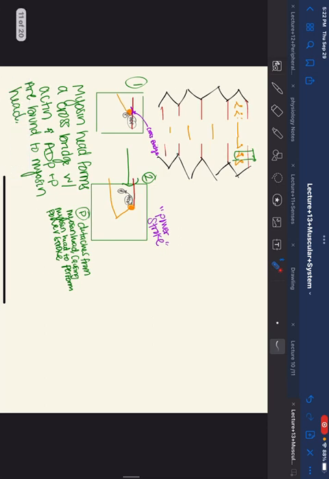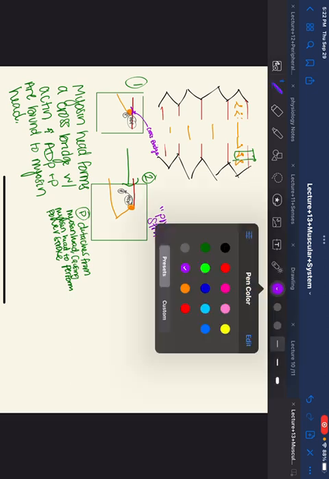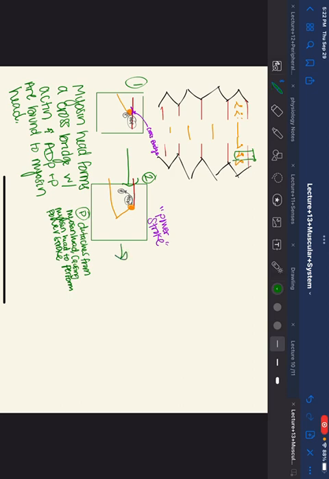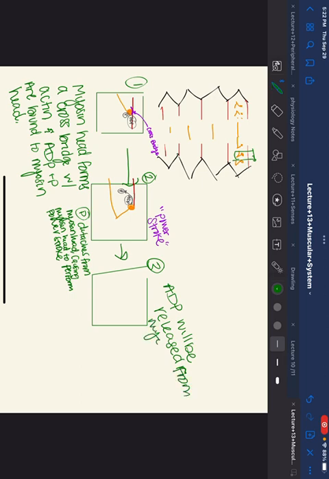Next, ADP will be released from the myosin head. So we still have our actin thin filament. It's still attached to the myosin head.